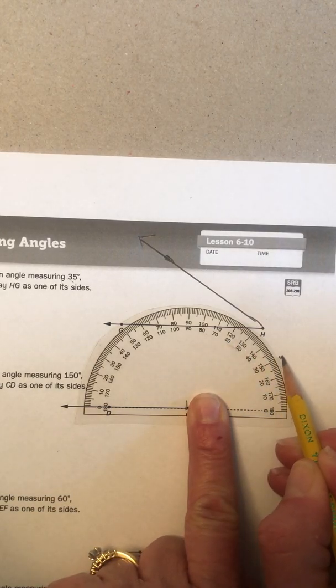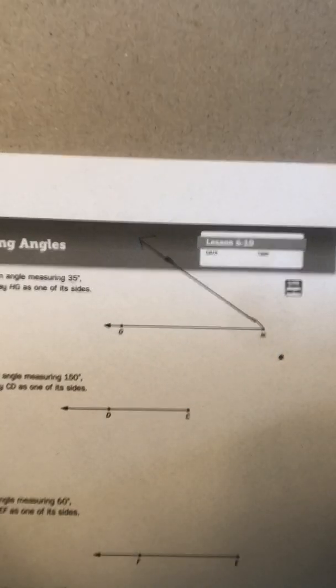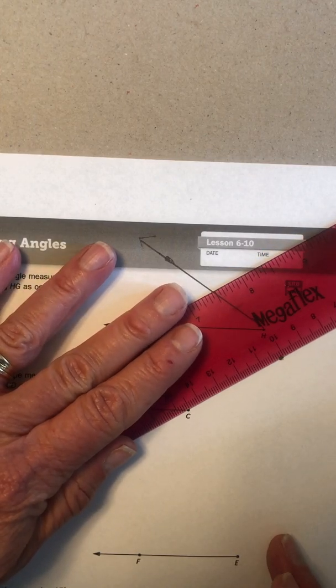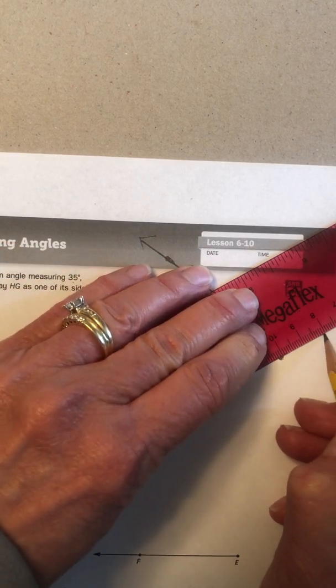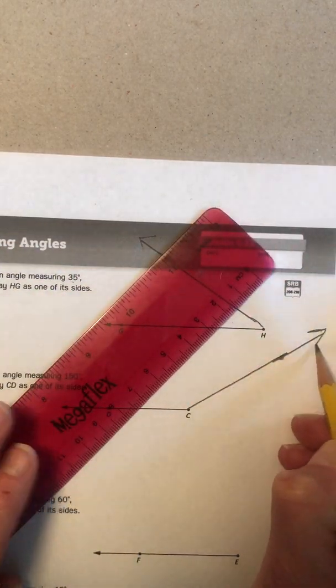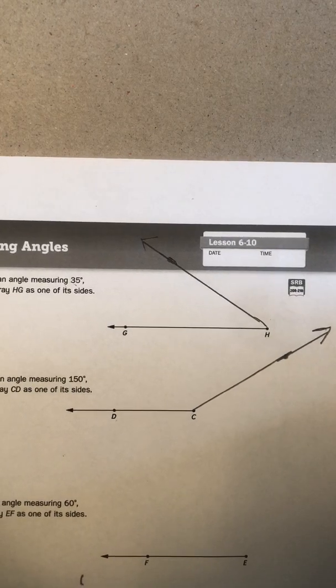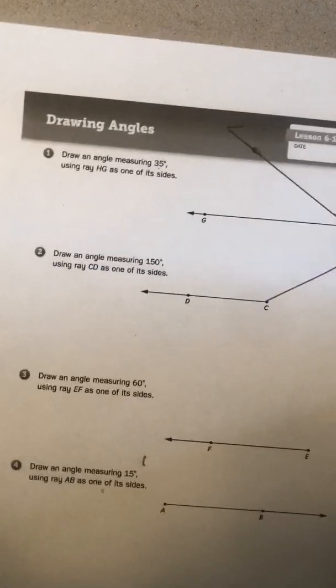When I get to 150, I'm going to make a little point. Lift it up. Going to connect point C with the point I just drew. Again, remember, this should be 150 degrees, so it should already be very noticeable that it's more than 90 degrees. And now I have an angle that measures 150 degrees.